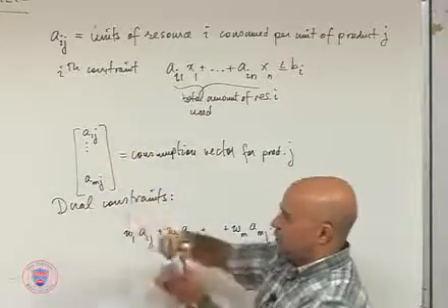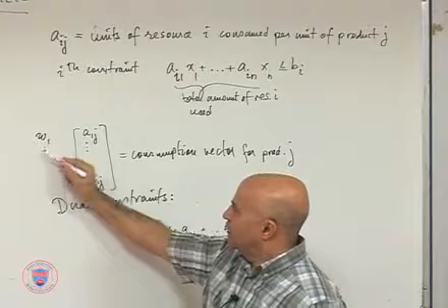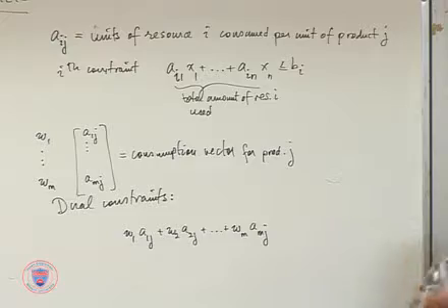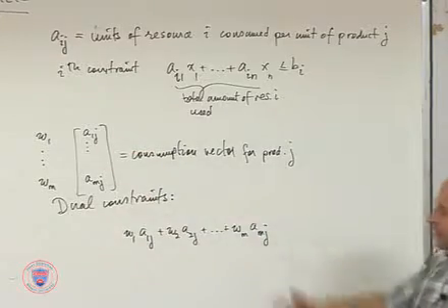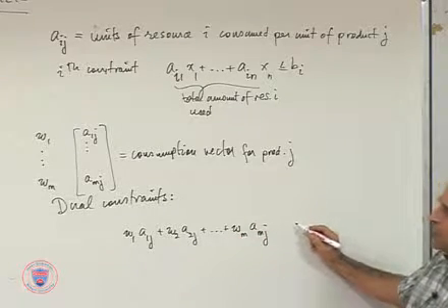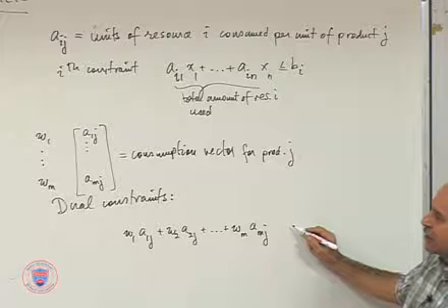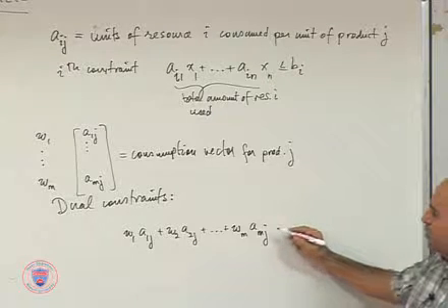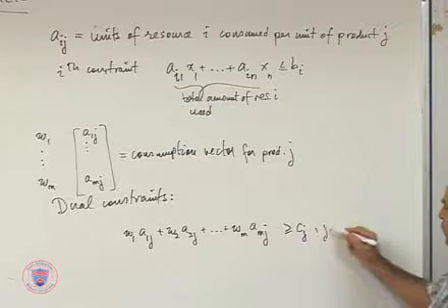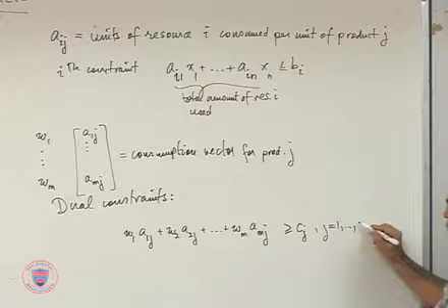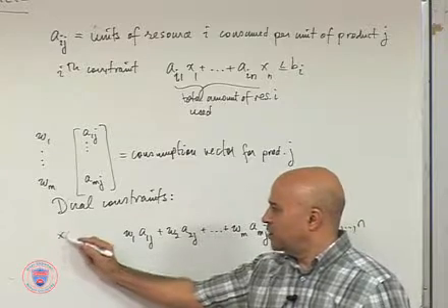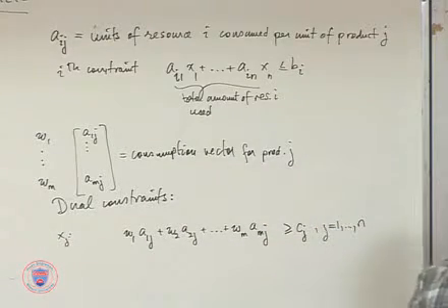You see, this is a column vector, and the dual variables go with the rows of the A matrix. So, in particular, you've got this relationship here. The dual problem will be a minimization, so this will be greater than or equal to cj, j going from 1 to n. Okay? And xj is your primal variable here.